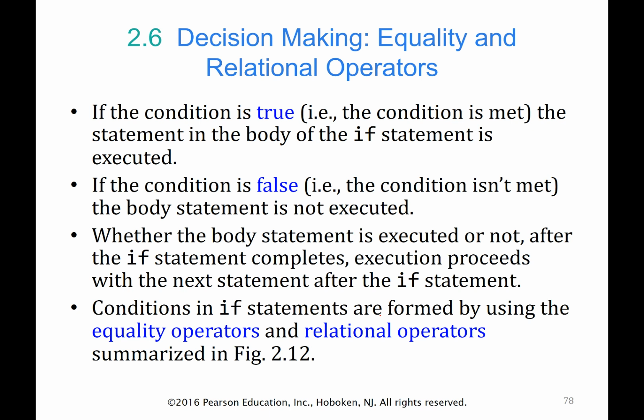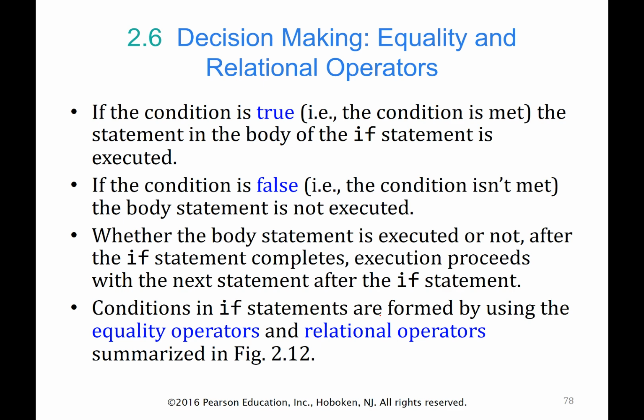If the money in my bank account isn't greater than some amount, I don't go on vacation, which means I don't buy a train ticket, I don't make hotel reservations, I don't pack my luggage. I do a whole series of things if the condition is met. But if the condition is not met, then no vacation. I go back to work that day. That's essentially what happens, whether the body is executed or not.